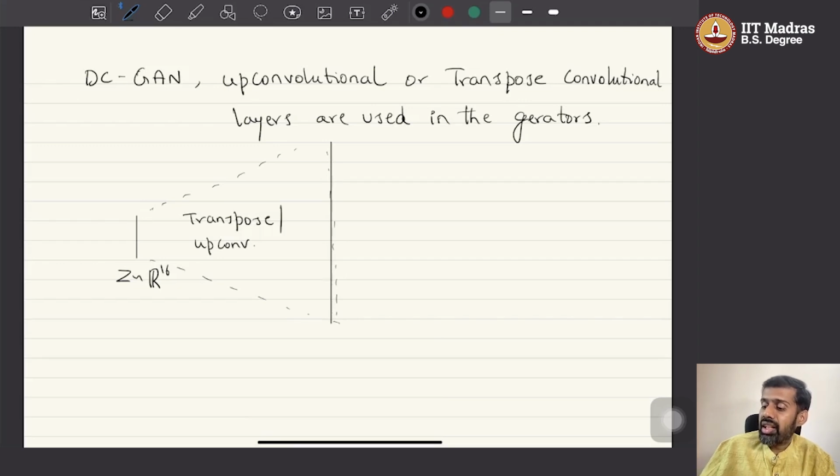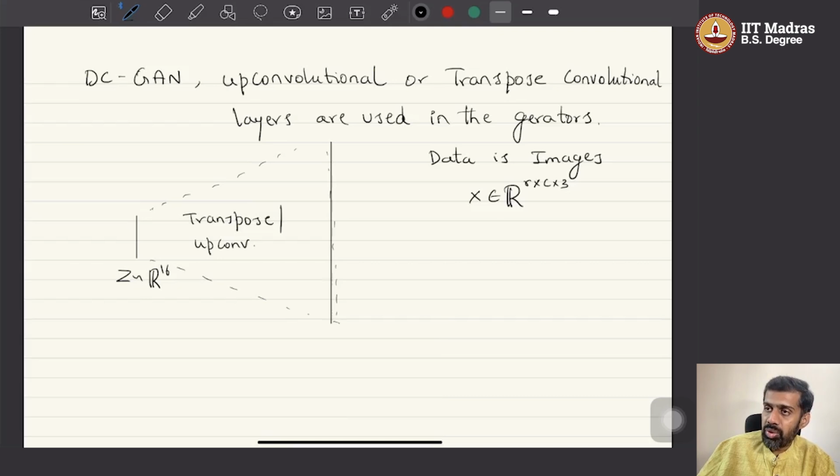So DC GAN is typically used for the case where the data are images. Images are represented as some rows times columns times 3, one for each channel, red, green and blue.